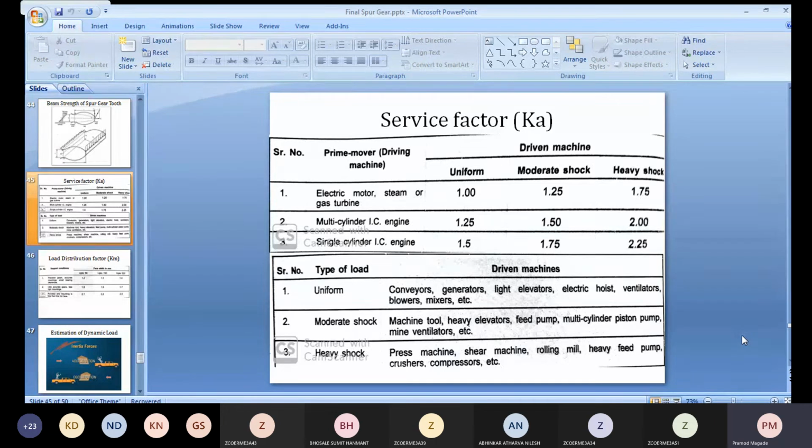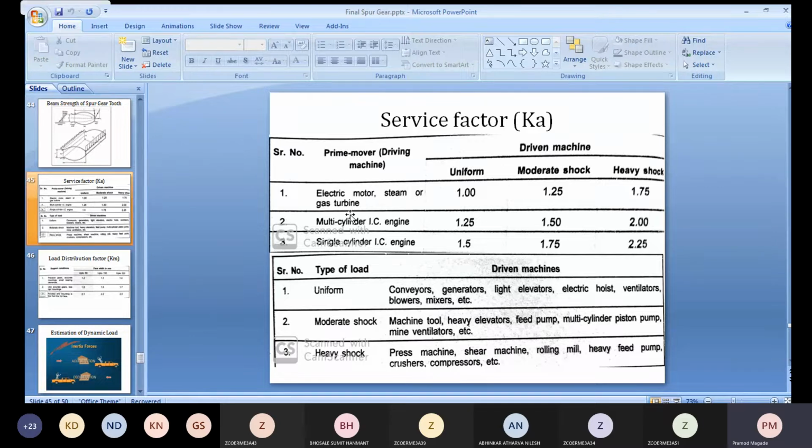Now we'll see what is service factor. See the screen. Service factor is directly given, so we'll have to just pick from the table, and such a table is available in the examination. These are the components: driving machines, electric motor, steam gas turbine, multi-cylinder, single acting cylinder.